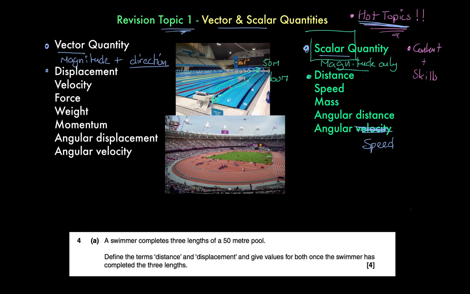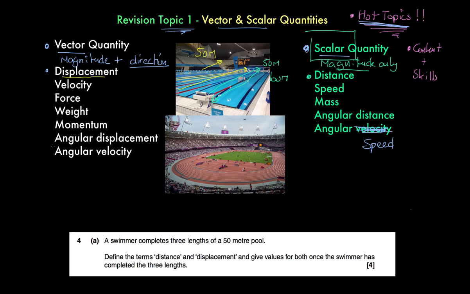Whereas if we talk about something like displacement, for example, we would say that the swimmer completes one length. And again, we would describe this as a displacement of 50 meters, but we would say specifically in that direction, or we could describe it as northwesterly, or we could describe it as southerly, depending on which direction it is in.